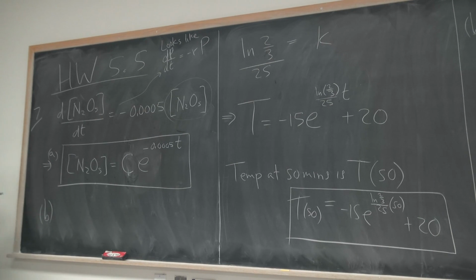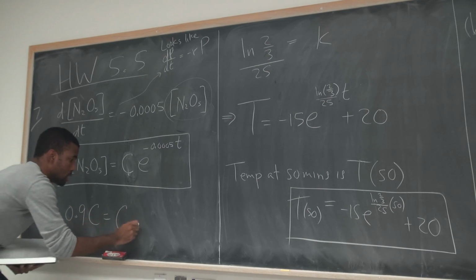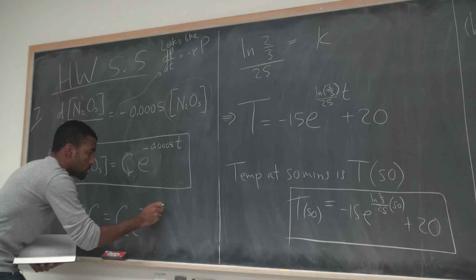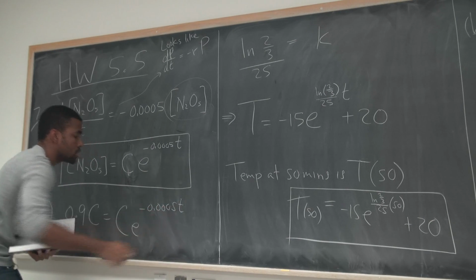B. How long will the reaction take to reduce the concentration to 0.9% of its original value? What equation do I solve? 0.9 C is equal to C e to the minus 0.0005 t.